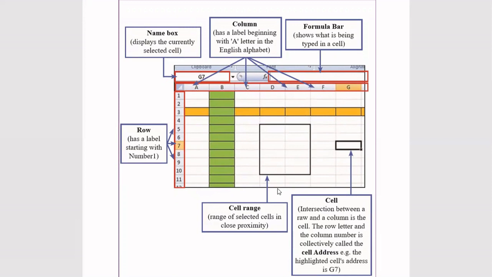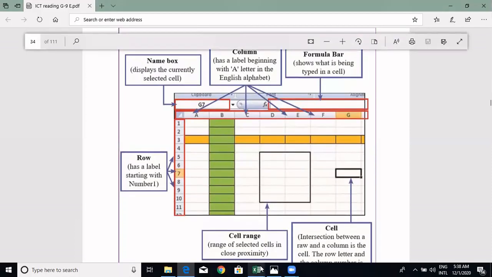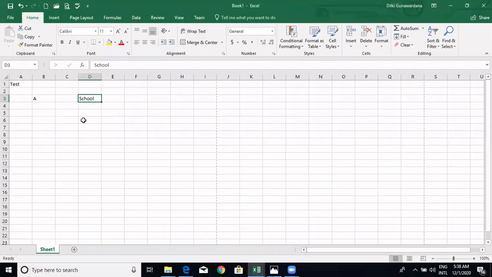Okay, let's quickly go to the real Excel. This is what I told you: you have columns with letters and rows with numbers.